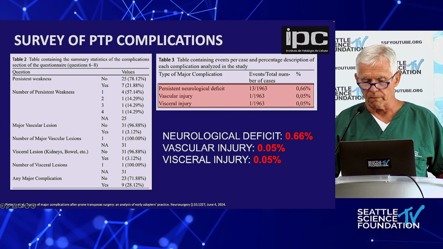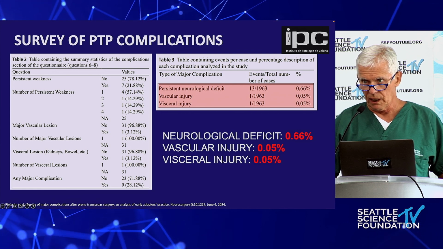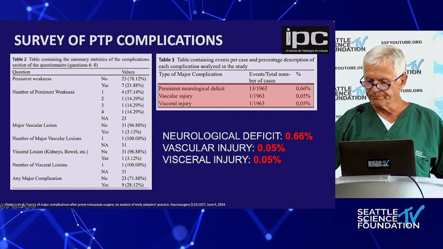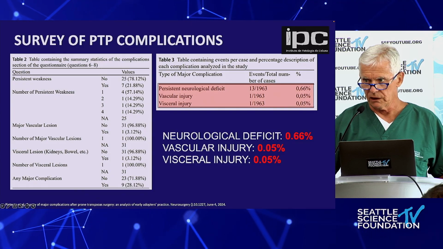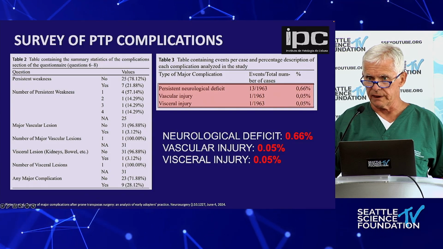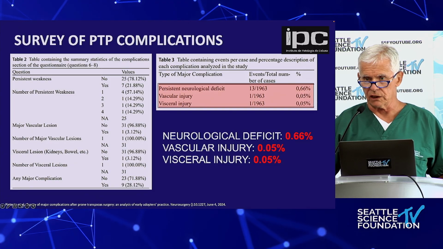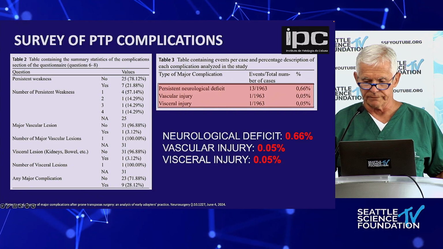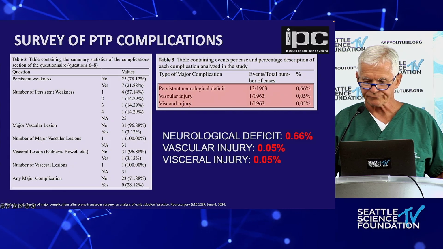Neurological complications are still not so low, and this is because we included the learning curve cases, different from Juan's paper done years ago, which excluded the first learning curves in the study.